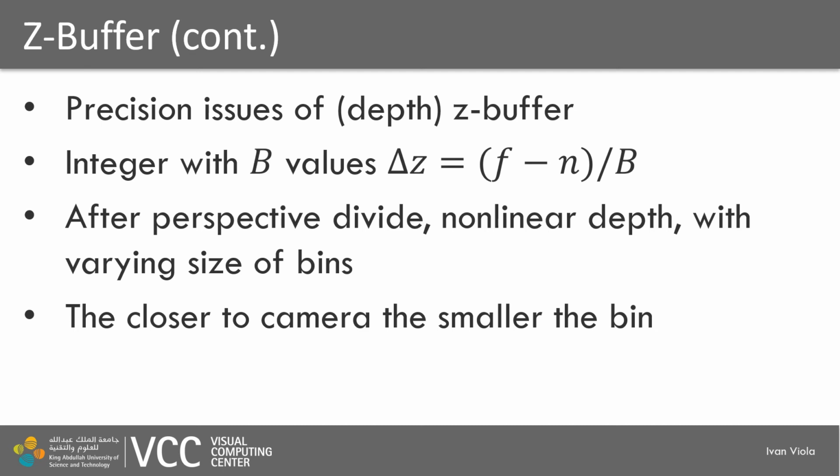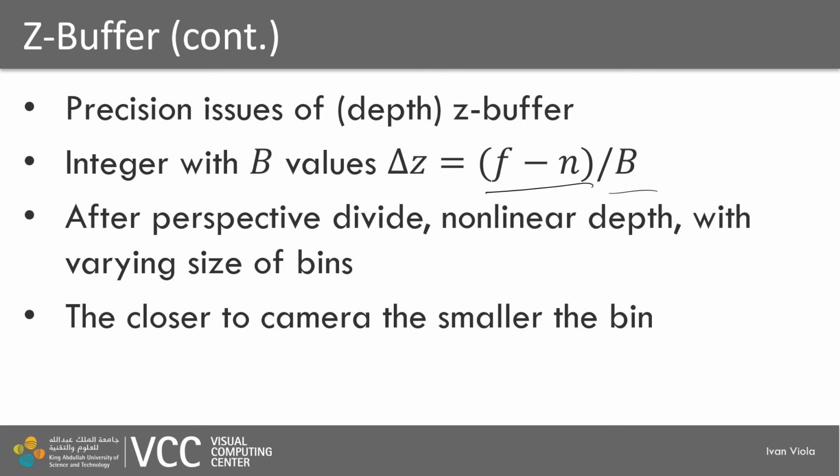We can see it here where we have the near and far plane, and we have the different values which the Z buffer can differentiate. We will end up in a certain number of bins. We also need to take into account that this representation of the depth is scaled by this function, which we discussed in the viewing lecture last time, is non-linear.